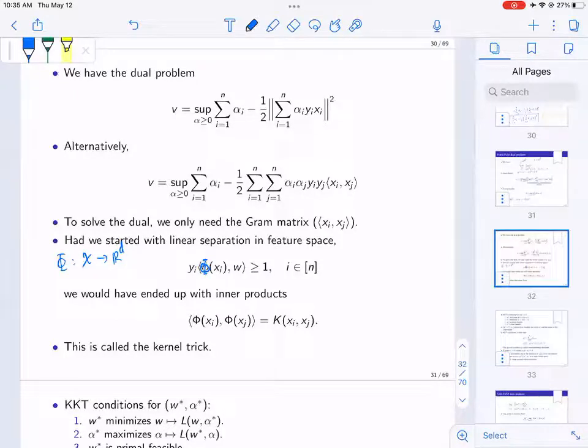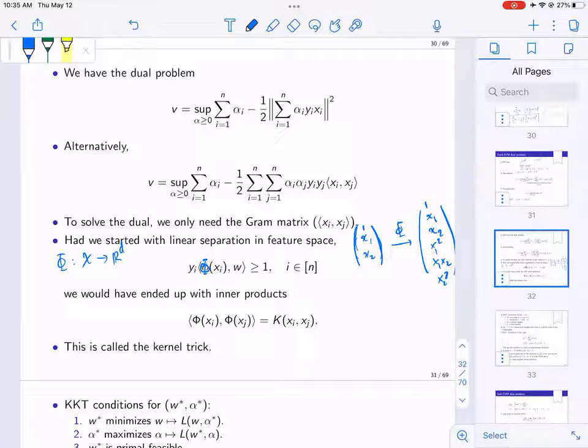We talked about this, for example, if you have x1 and x2 in R^2, that's your two-dimensional case. Then the feature map might map it to 1, x1, x2, x1^2, x1 x2, x2^2. A linear separation in this feature space would also include things like separation by circles or ellipsoids. And you can go to higher order polynomials.